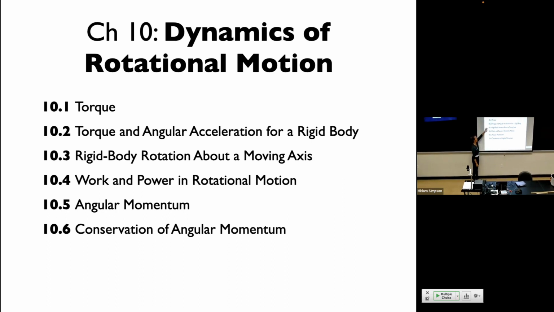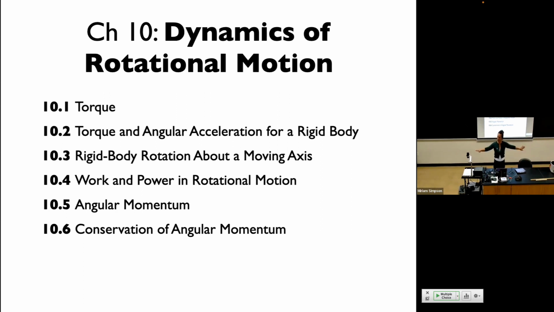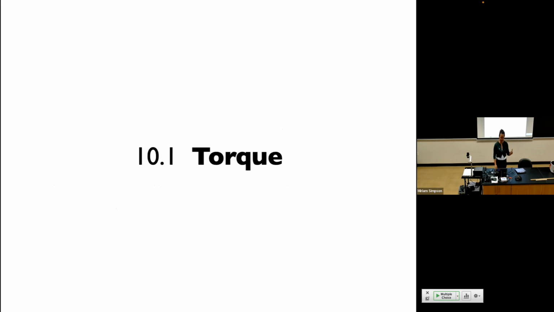We'll talk about rigid body rotation about an axis. We'll talk about work and power, now that we're basically just going back through all of the things we did for linear stuff. Then we'll talk about angular momentum, so momentum for things that are rotating. And then we'll talk about conservation of angular momentum. So we're going back through all of the things we did for linear motion, and we're adding in the ability to rotate.